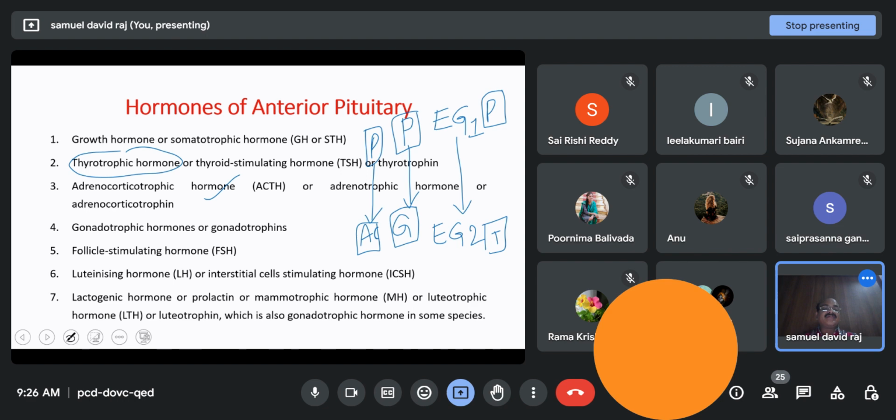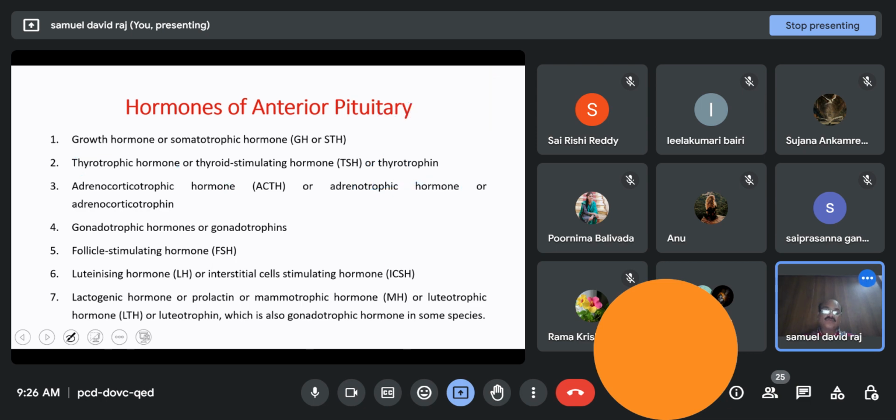Thus, these are the hormones which are secreted by one endocrine gland, that is the pituitary gland here, that stimulate or regulate or control secretion of the hormones of other endocrine glands like adrenal gland, gonads, thyroid, and so on. Hence, all these hormones are called trophic hormones.